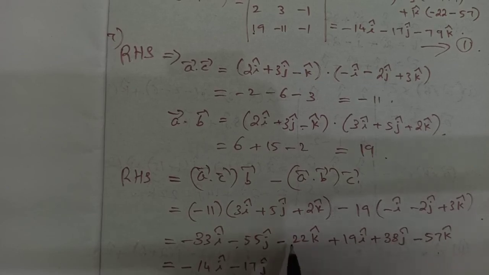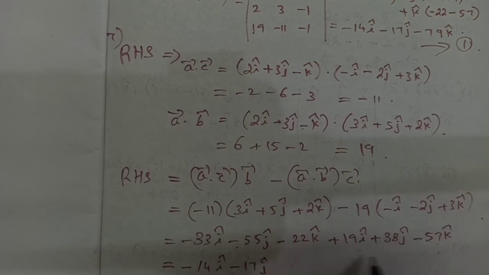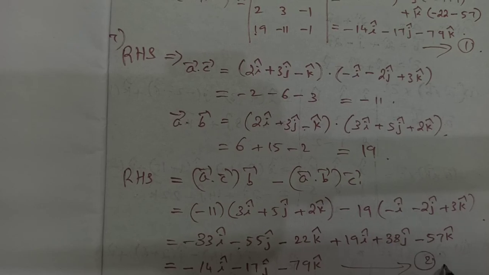Next minus 22 and minus 57: we have to add these two terms, because both are negative with the same sign, so this is minus 79 k cap. Let me call this equation 2.